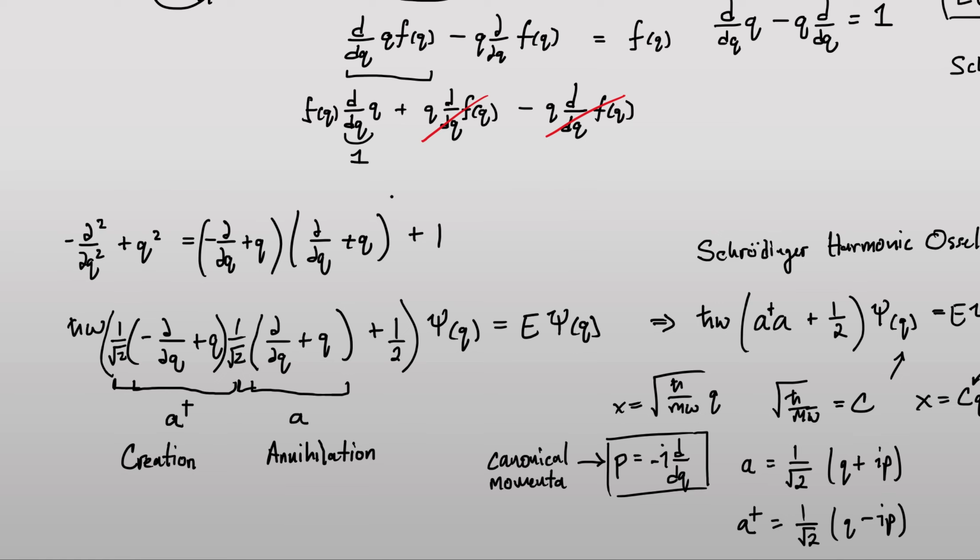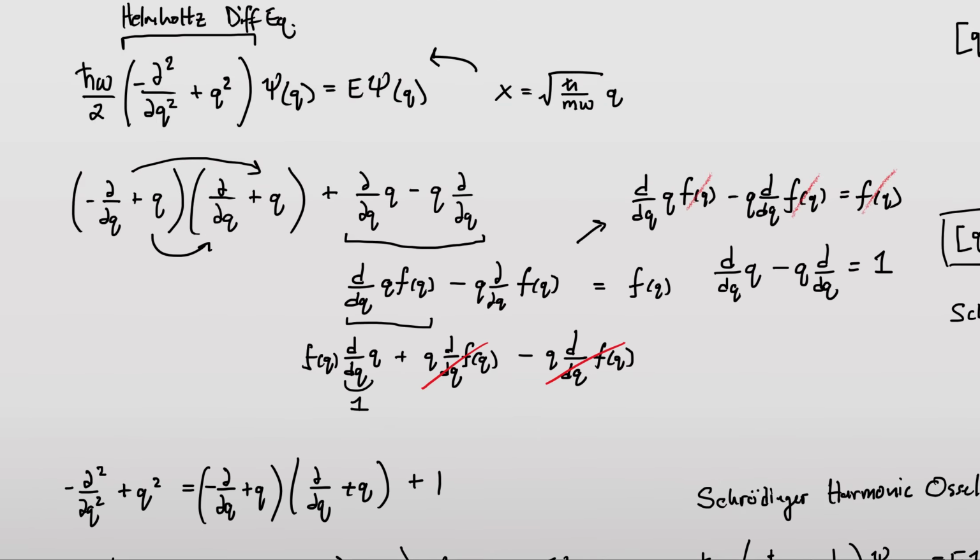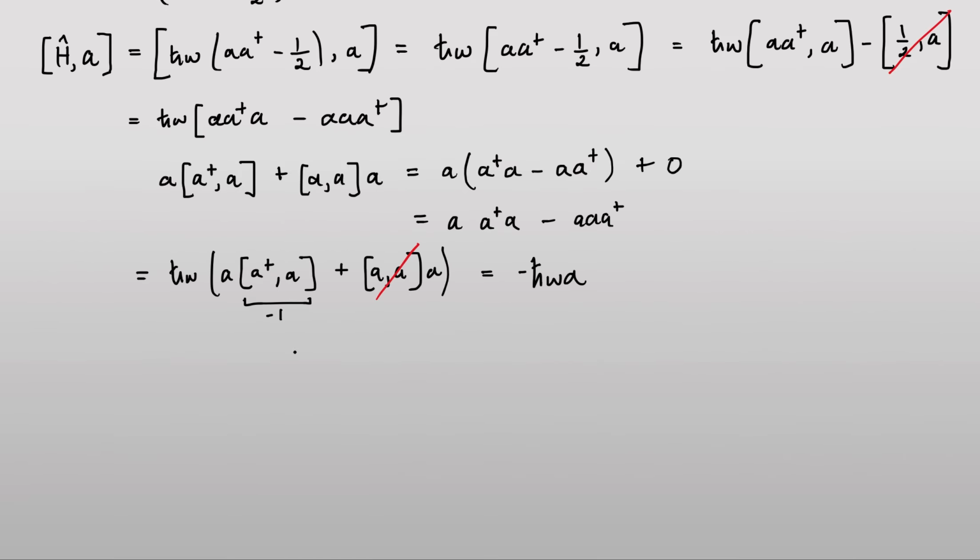I think this sort of depends on how we define our P, remember? I think I might have missed a negative somewhere in there, but what we see is that if we define P in this way, dq, then we get this right here.